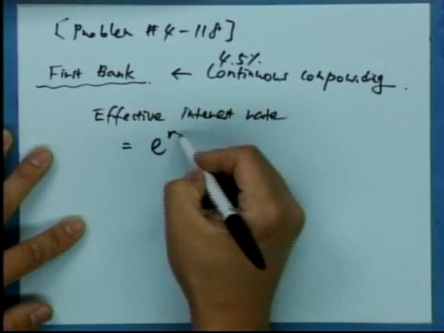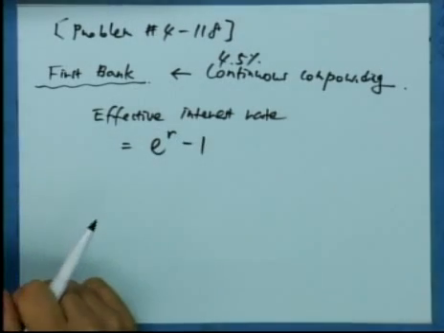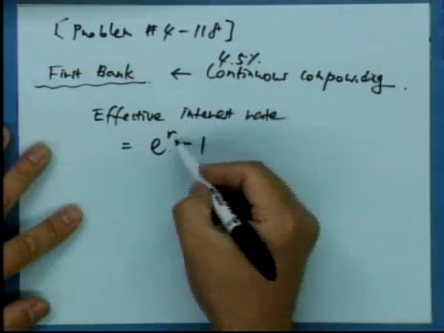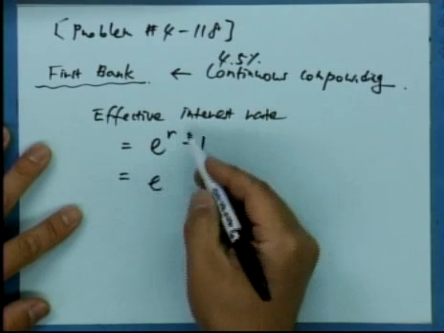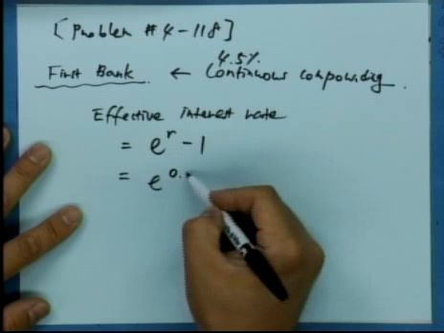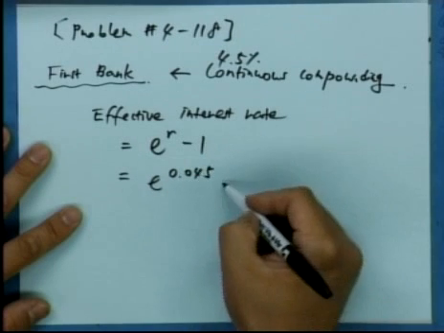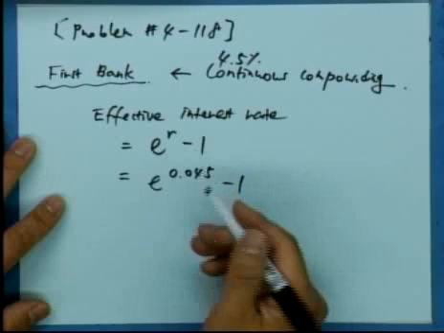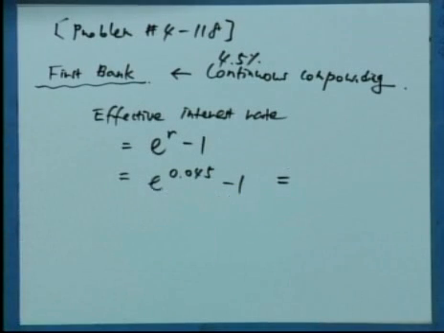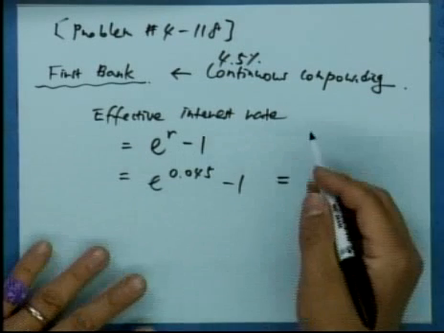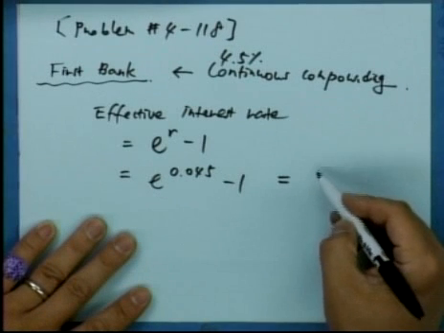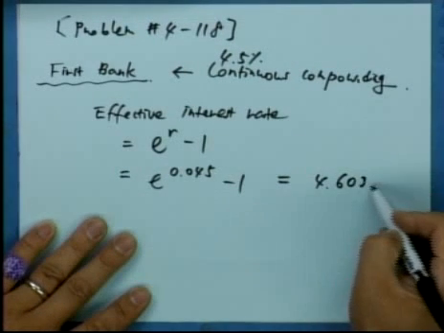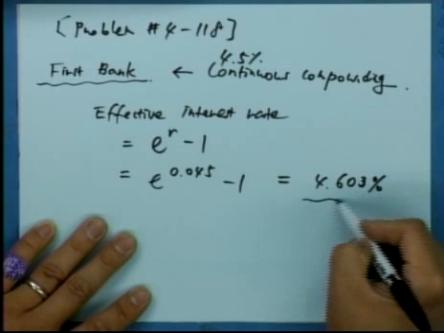It's going to be e to the power r minus 1. Here, r is given as 4.5%. So it's going to be e to the 0.045 minus 1. So how much is this? This is 4.603%.